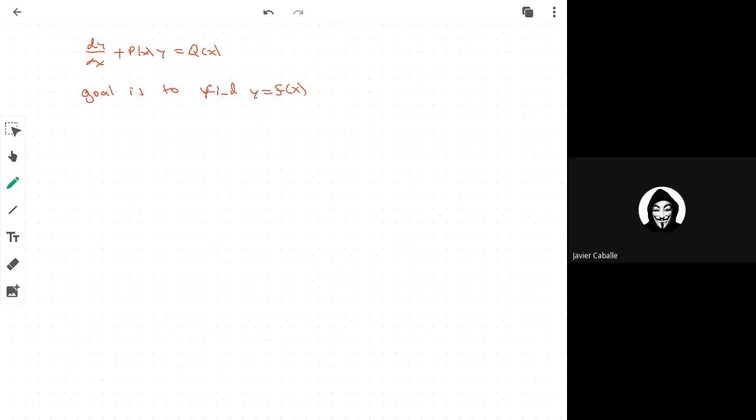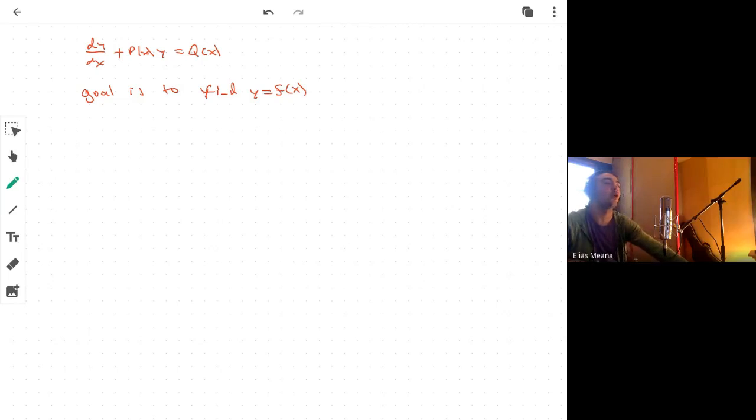No. P of x, the only reason this will work is because p of x is only an x, right? Think of it as being dp dt equals kp, our bacteria population model, and we're trying to find the population at any given time, right? That's the same thing that's happening here.